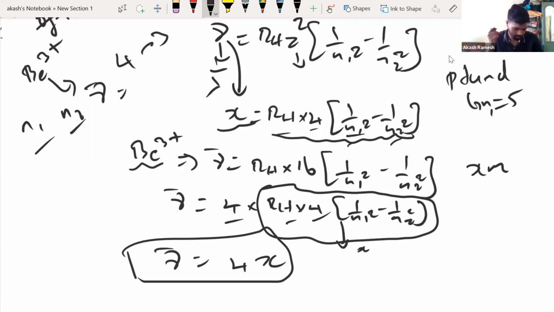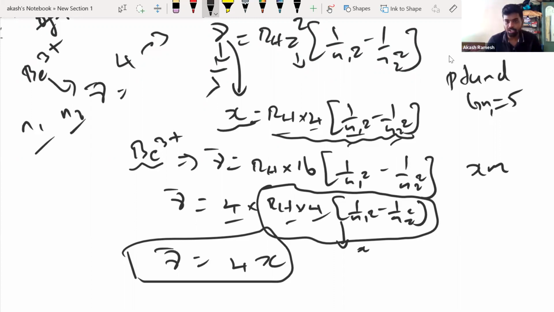Find the longest wavelength in Balmer series for He plus ion. Right? Find the longest wavelength in Balmer series for He plus ion, not for hydrogen.